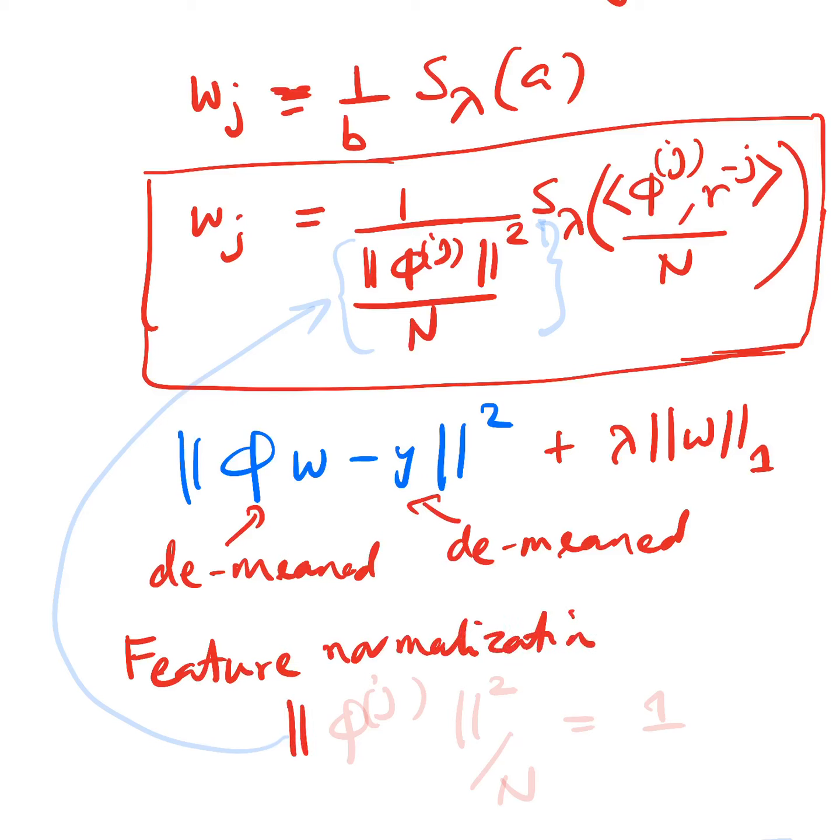If I look at the jth feature and sum up the squares over the examples and normalize by the number of examples and set it equal to 1, that's basically normalizing the variance of the features.